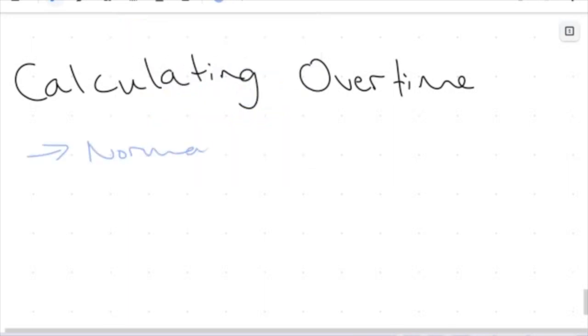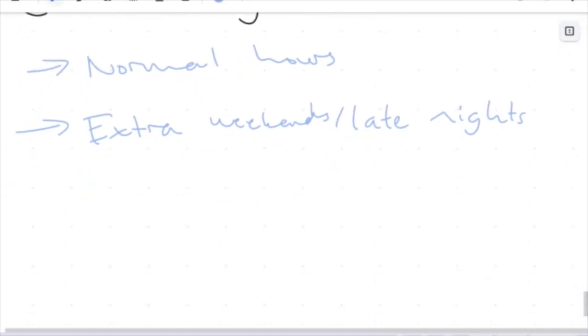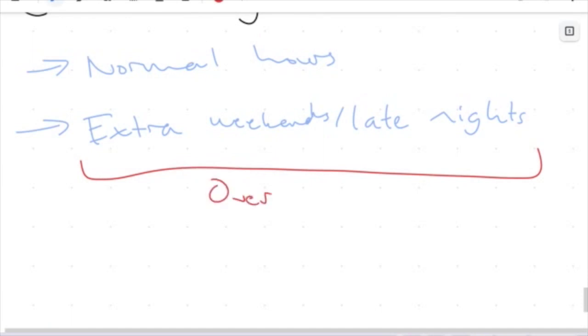On top of your normal hours, you work extra weekends and late nights. Both of these demand a little bit extra from your employer, so you have agreed on overtime pay arrangements.